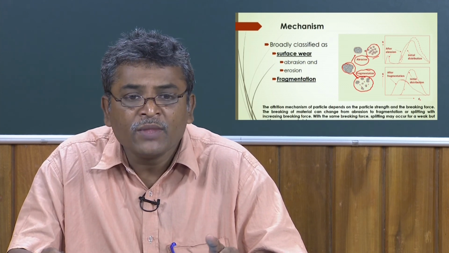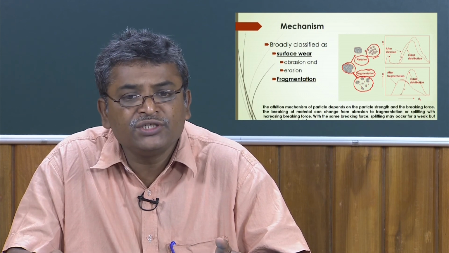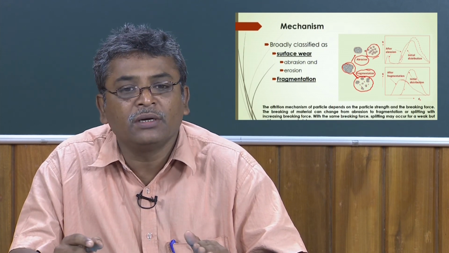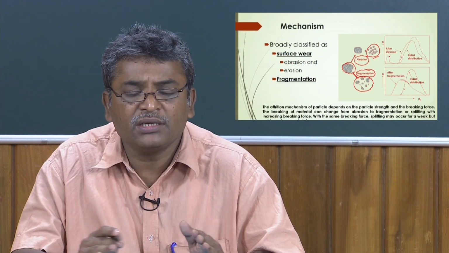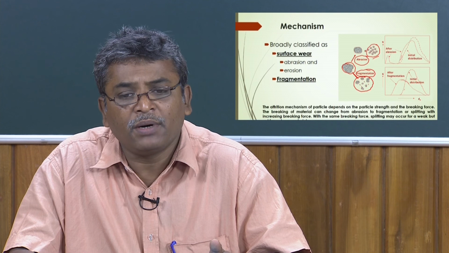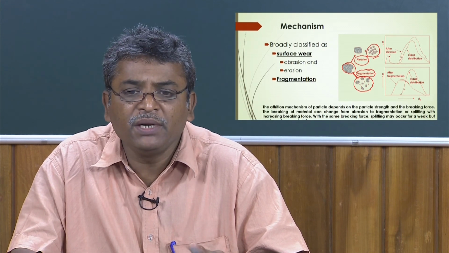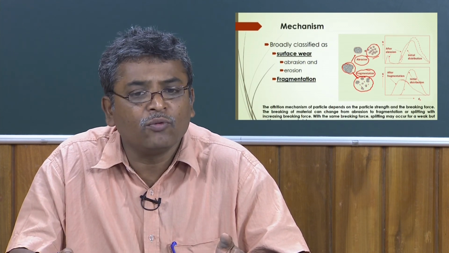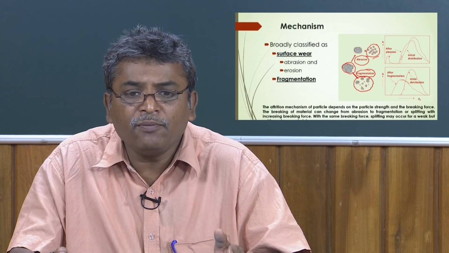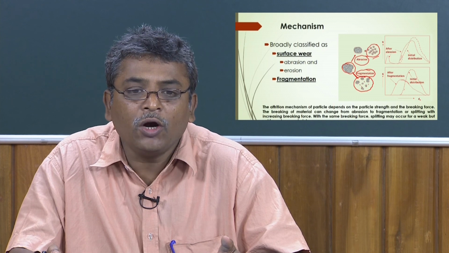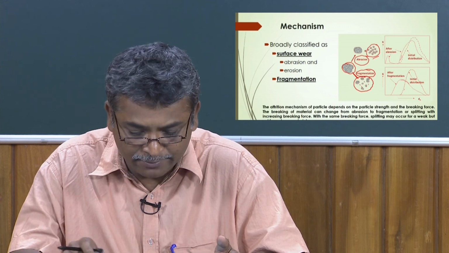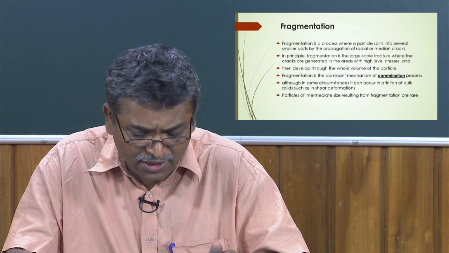The breaking of the material can change from abrasion to fragmentation because of the particle properties, or it may split with increasing breaking force. With the same breaking force, splitting may occur for a weak but not for a strong material. And what is fragmentation?